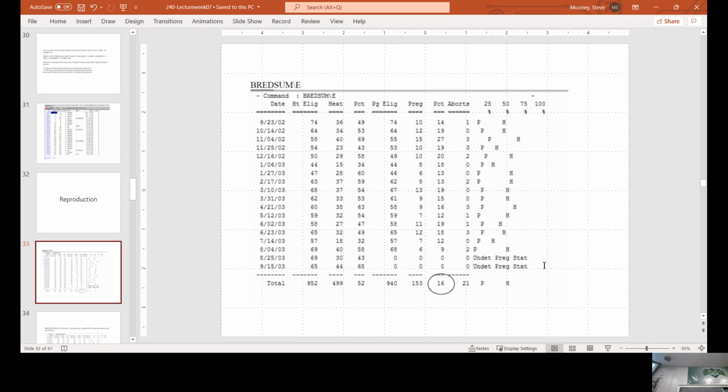Might be heat detection. So if this many were eligible and this many showed a heat or were bred, our heat detection is pretty low. So we want to get on top of that.